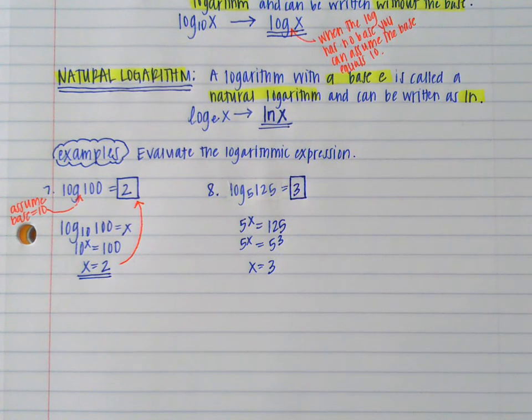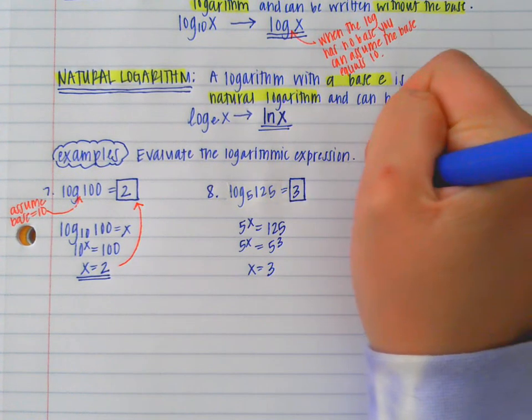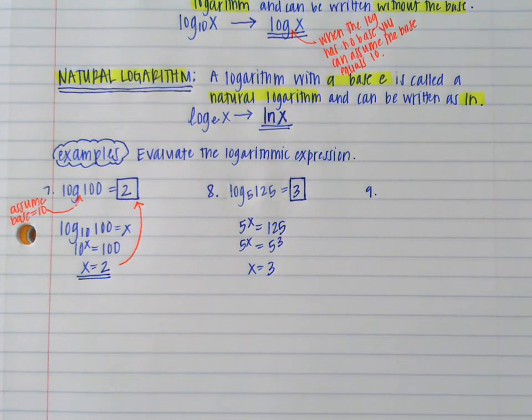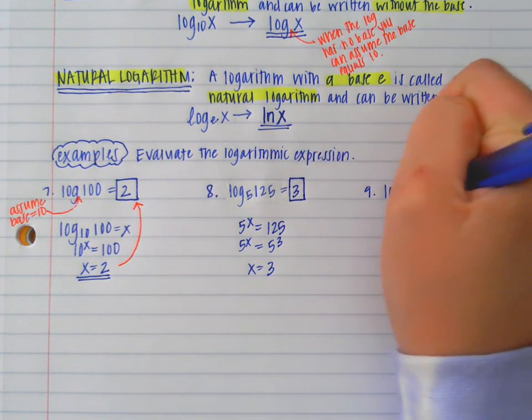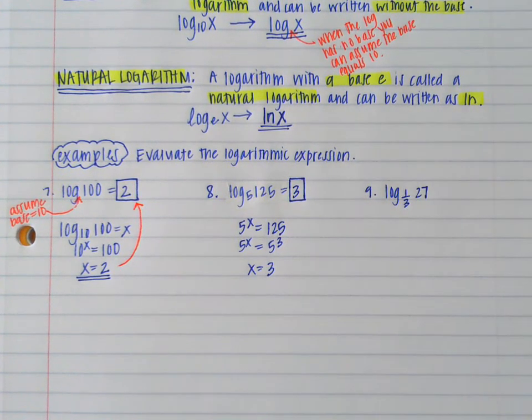Okay, let's try a little bit more challenging one. So I promise I won't write what it's equal to. Log base 1/3 of 27. Okay, so I want you to pause, and I really do want you to think about that one on your own.